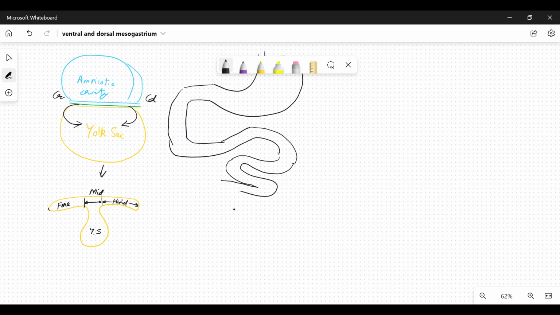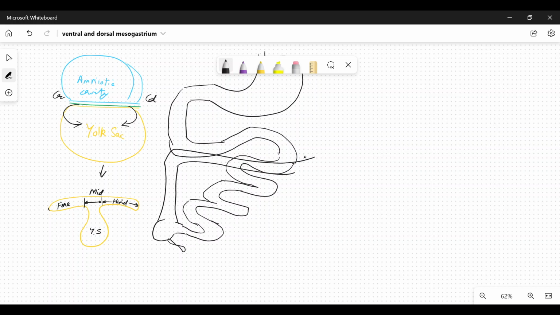I will draw only a few coils, and then there are coils of ileum, right? Like this, and eventually the ileum becomes continuous with the cecum, which also bears the appendix. The cecum becomes continuous with the ascending colon, then the transverse colon, then the descending colon, then the sigmoid colon, and eventually the rectum and anal canal.